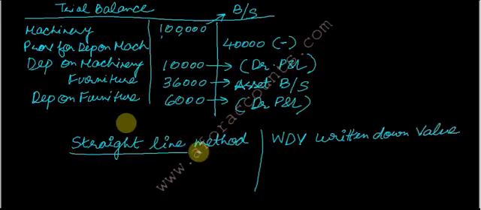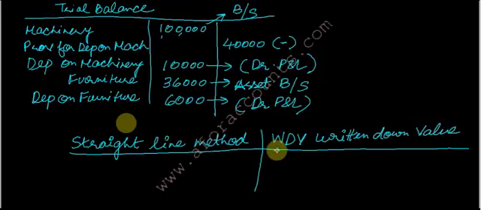For further explanation on the straight line method and WDV method, you have a full chapter on depreciation explaining this. On this slide, we have learned the treatments of depreciation, provision for depreciation, and how we will show them in your profit and loss account and balance sheet. As we further do questions on it, things will get clearer.